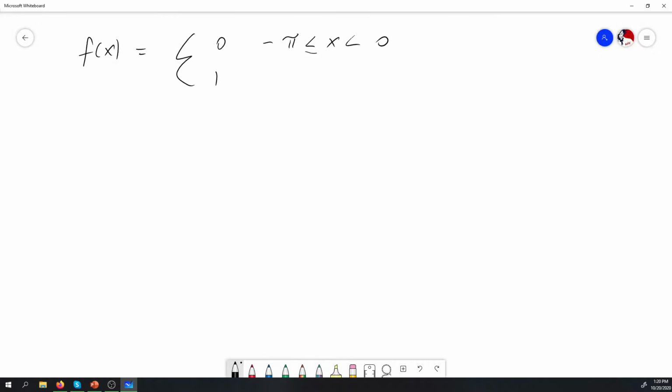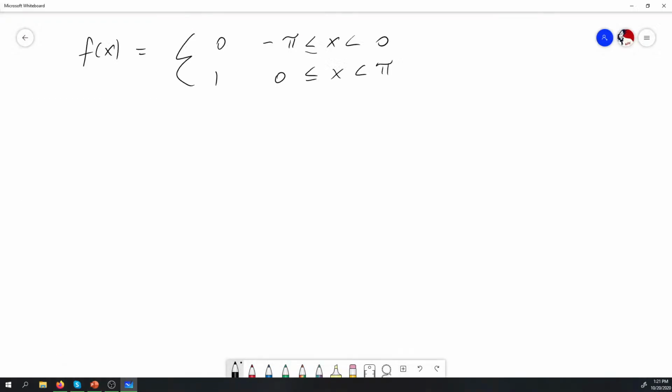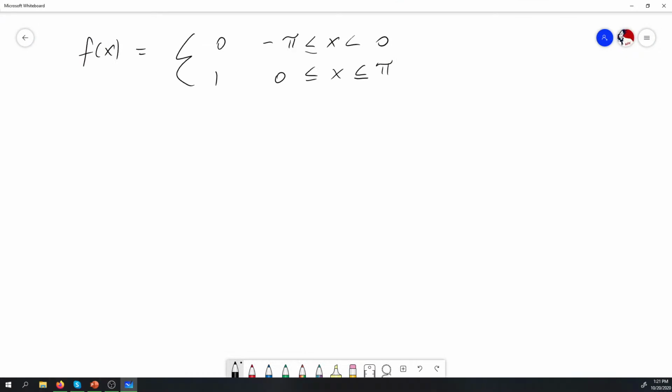And then 1 here for 0 less than x. Then, I have less than or equal to. Then f of x plus 2 pi is equal to f of x.